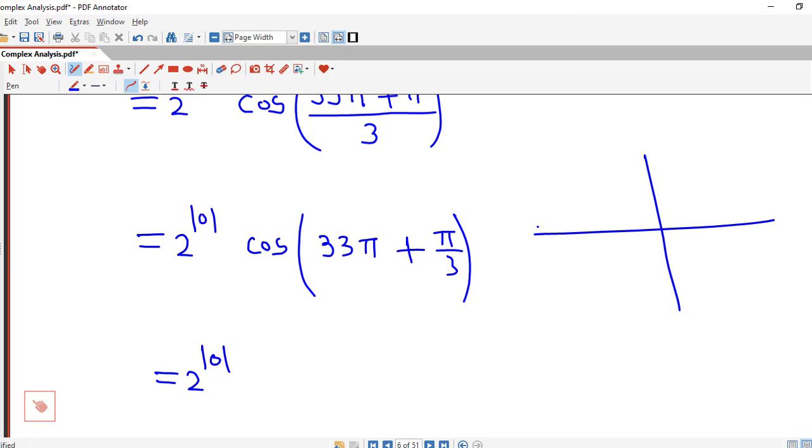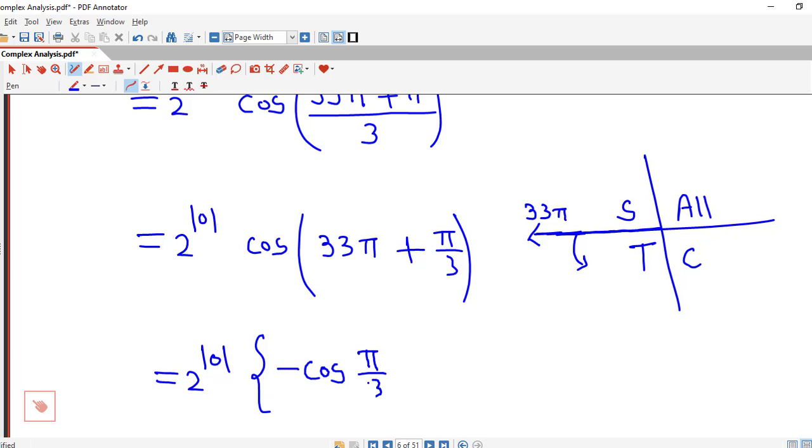Now 33π plus π/3. So 33π is an odd multiple of π, so 33π will be on the negative x axis, and we are adding π/3 to this angle. So we are in the third quadrant, and we know that in the third quadrant tan is positive, sine and cosine are negative. So cosine of 33π + π/3 is nothing but −cos π/3.